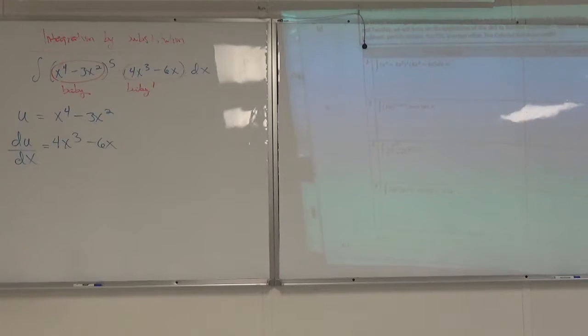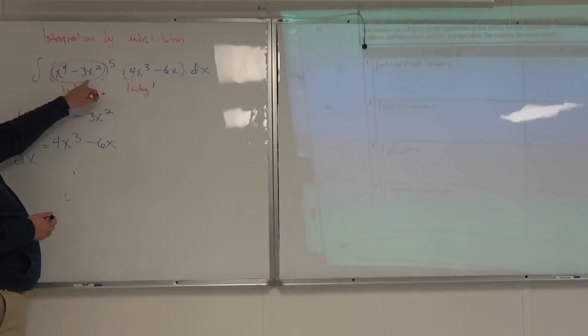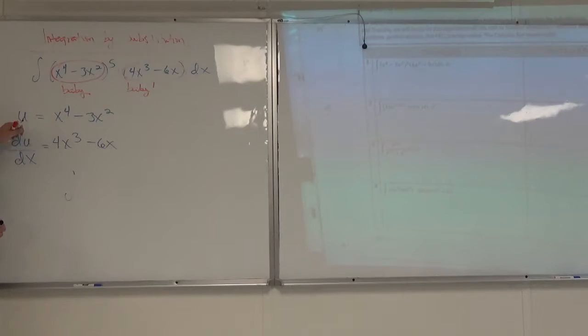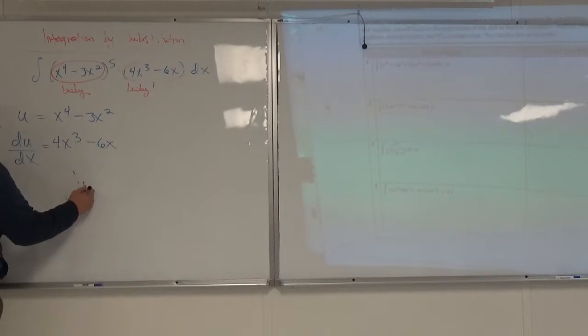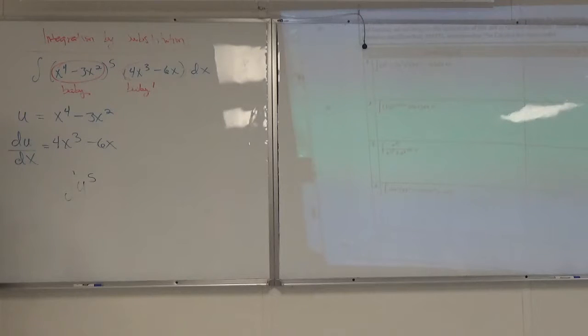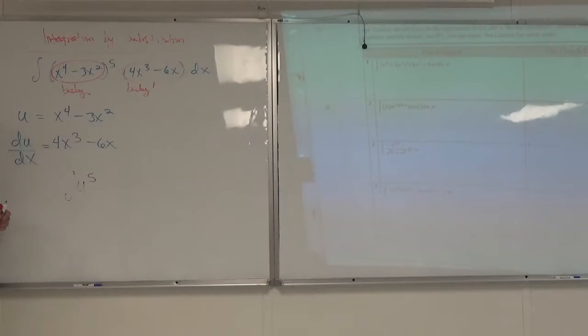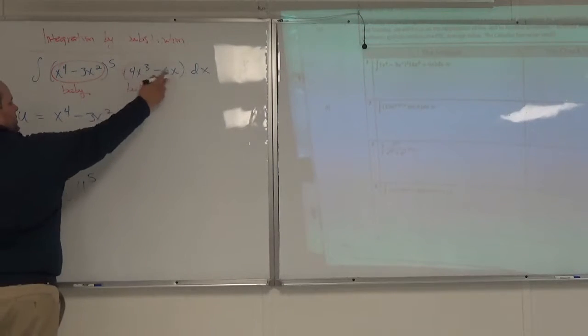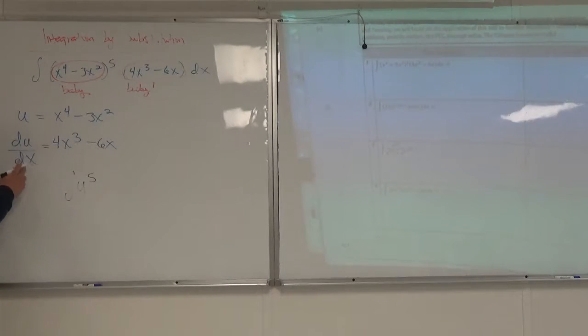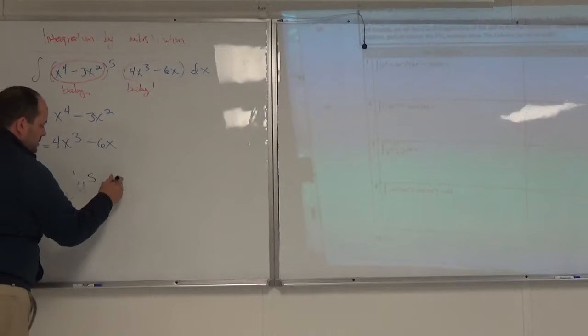Everybody okay? Here comes the substitution step. What I'm going to do is rewrite my integral using these guys instead. Stay with me. X to the fourth minus 3x squared to the fifth. Well, if u is x to the fourth minus 3x squared, then I'm just going to write this as u to the fifth, times derivative of the baby, 4x cubed minus 6x, which is really du dx.